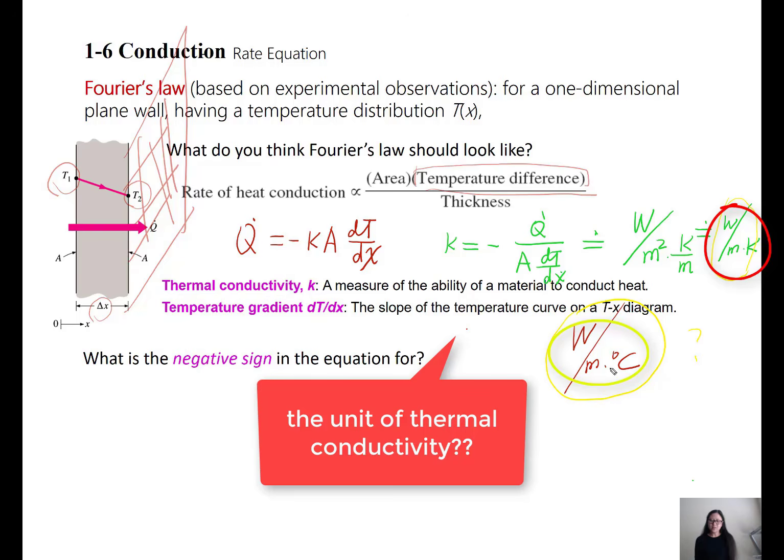This degree Celsius or Kelvin is the unit of temperature, and this comes from here. dT represents temperature difference. Remember, the heat transfer rate is linearly proportional to temperature difference. When it comes to temperature difference, 1 degree Celsius is just equal to 1 Kelvin. So if you want to raise the temperature of water by 1 degree Celsius or 1 Kelvin, it's exactly the same.